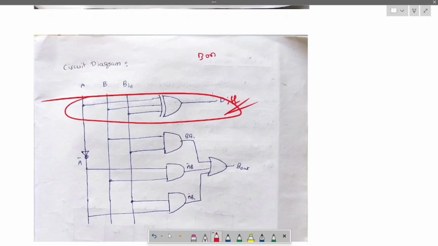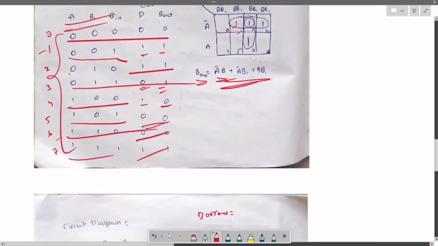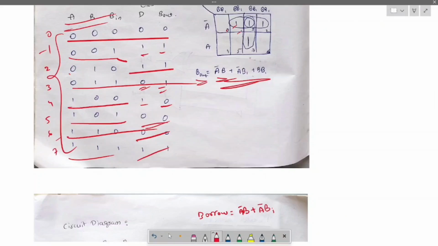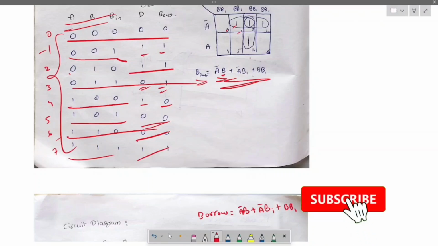What is the borrow? Let us write it over here: A bar B plus A bar B in plus B B in, where B in means borrow in.